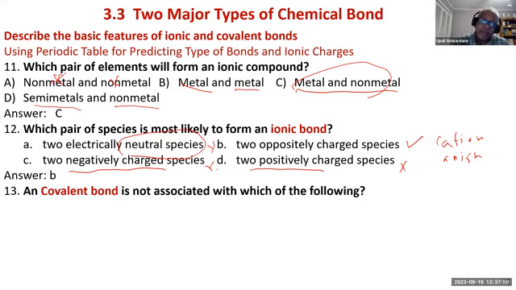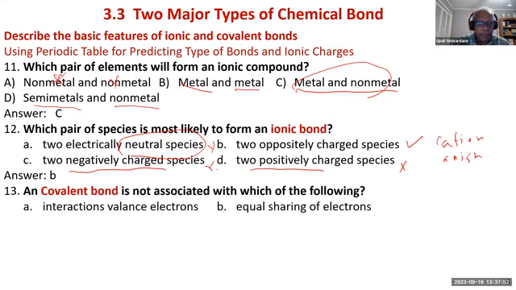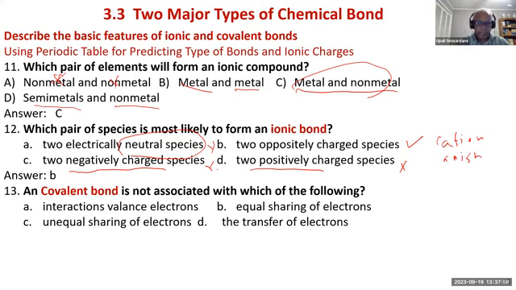And covalent bond is not associated with which of the following? Covalent bond is not associated with transfer of electrons. Transfer of electrons forms cation and anion. Therefore, this interaction of valence electrons happens in the covalent bond.